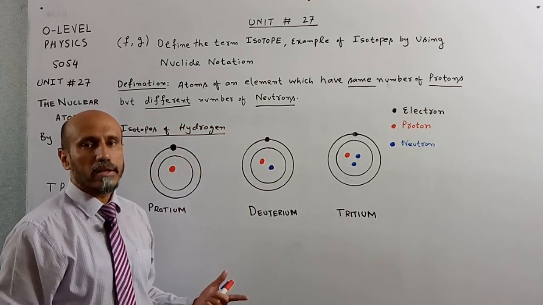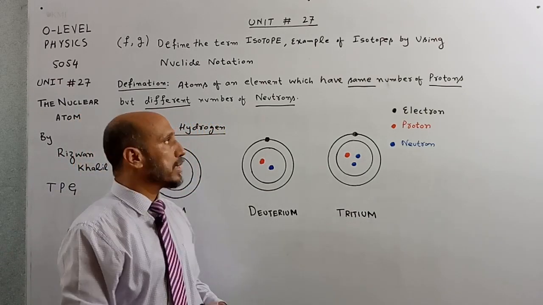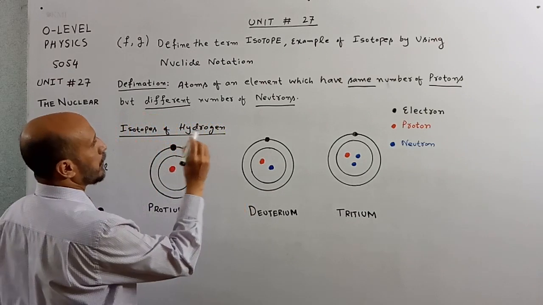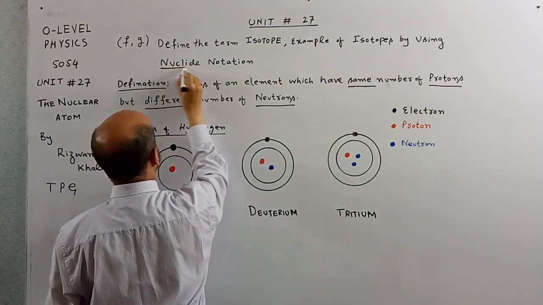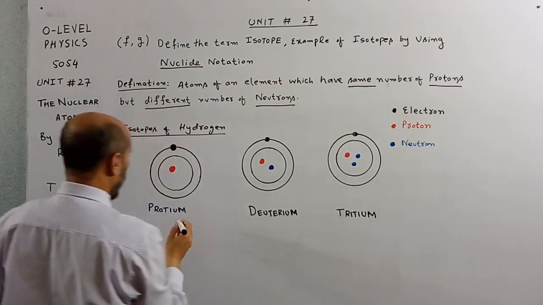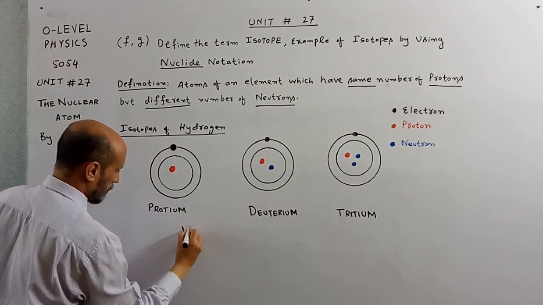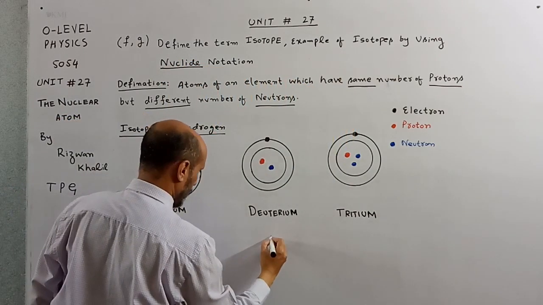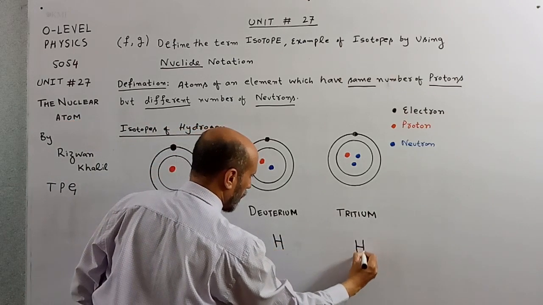These are the isotopes of hydrogen, and by using nuclide notation we can represent these like this: hydrogen, hydrogen, hydrogen.